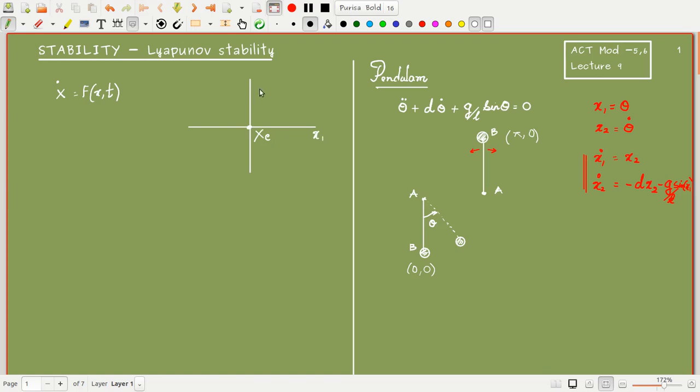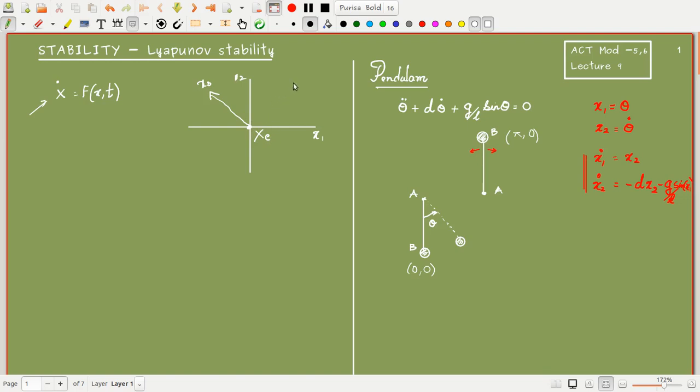This is x1, x2 something, and this is the x3 axis, and like that there are as many axes depending upon the order of the system. Let this order be equal to n, and let this be an nth order system. So it will have as many axes as there are states of the system.